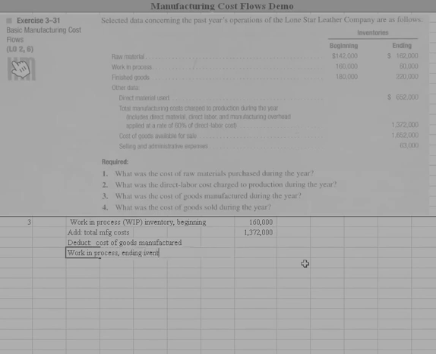I'm going to solve this one sort of like we did on part A. And we know the work in process ending inventory is 60,000, right?